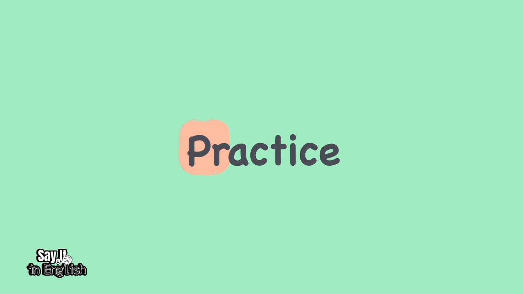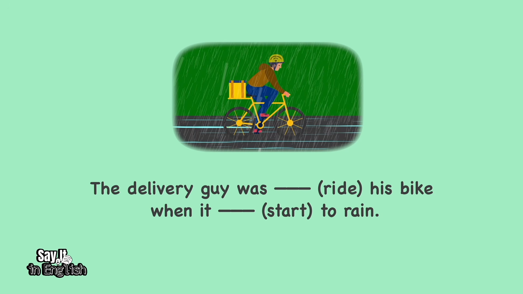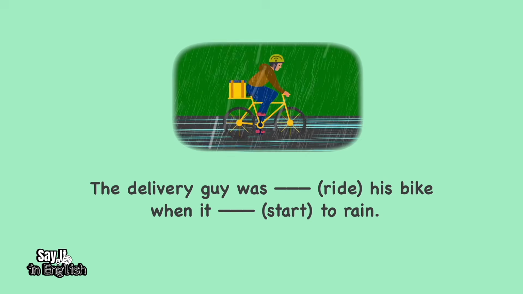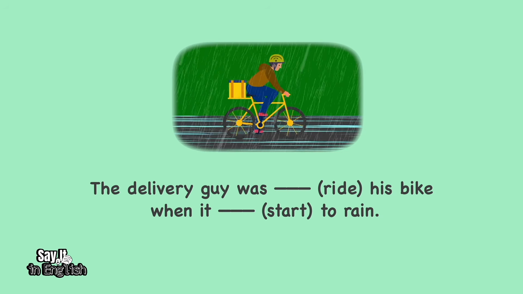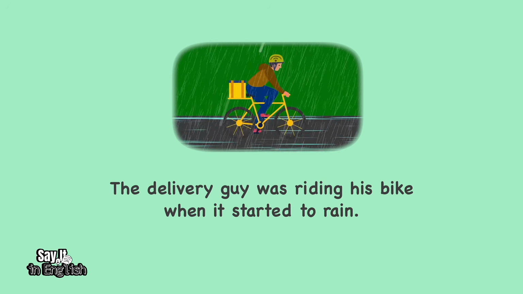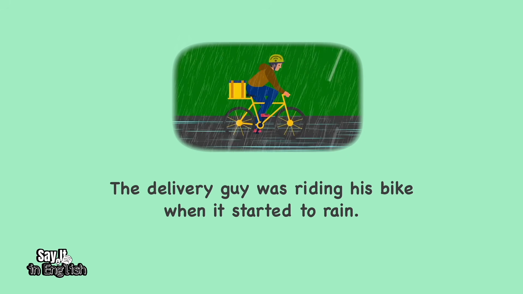Let's work on some practice exercises. Take a look at the pictures and the words in parentheses, then write them in the correct form. The delivery guy was riding his bike when it started to rain.